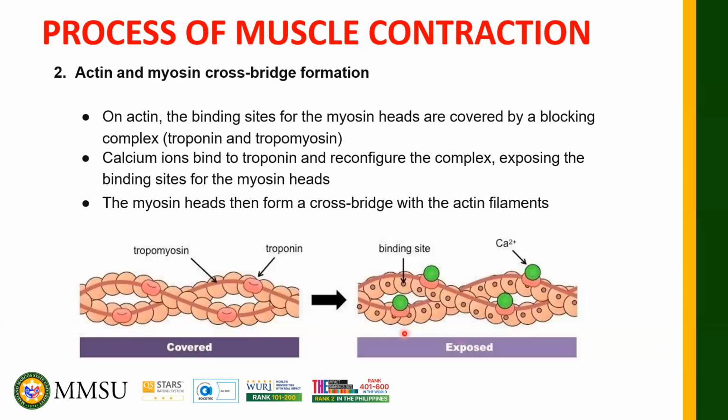Kasi once makikita niyo ito si troponin, tapos nakipag-bind si calcium ion dito, mako-conformational change to. And it will now expose, once na na-reverse ito, merong conformational change, etong part na to, yung tropomyosin, magkakaroon na siya ng binding site. Okay?